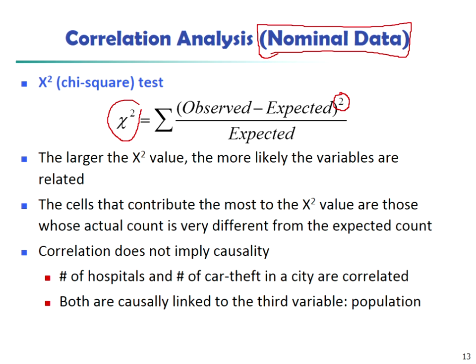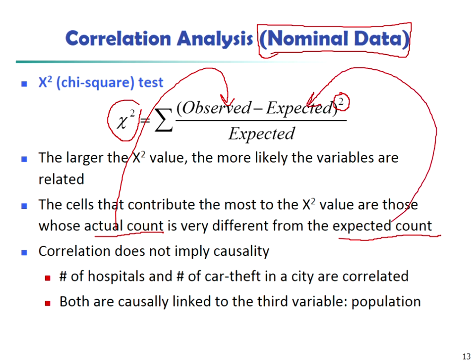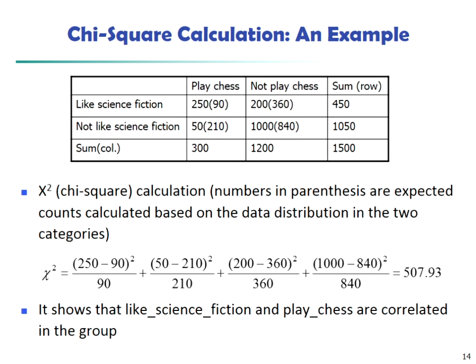The larger the chi-square value, the more likely the variables are related. The cells that contribute the most to the chi-square value are those whose actual count is very different from the expected count. Actual count means observed, and this is expected. So let's move to an example.